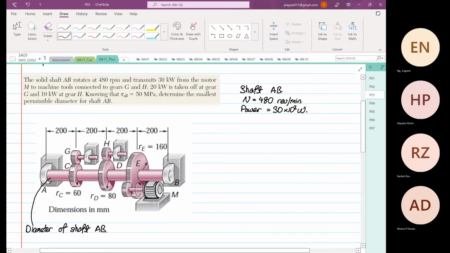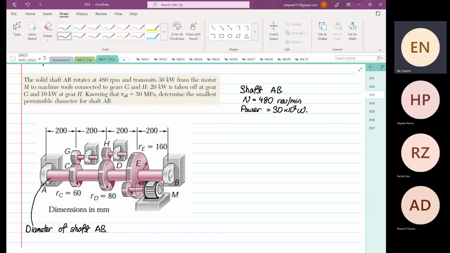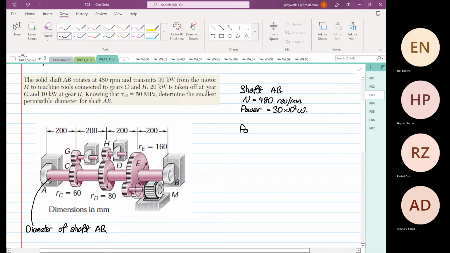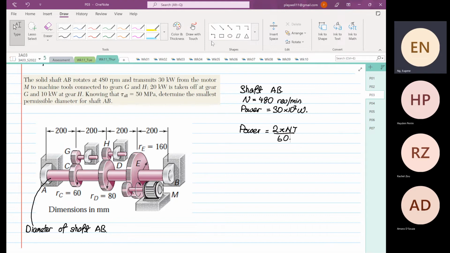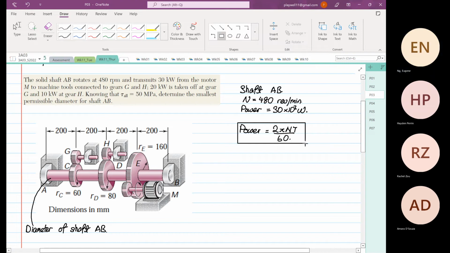Okay. So the formula we're going to apply relating to power is power is equal to 2 pi n t over 60. Okay. You guys probably have seen this formula before. It's so familiar.